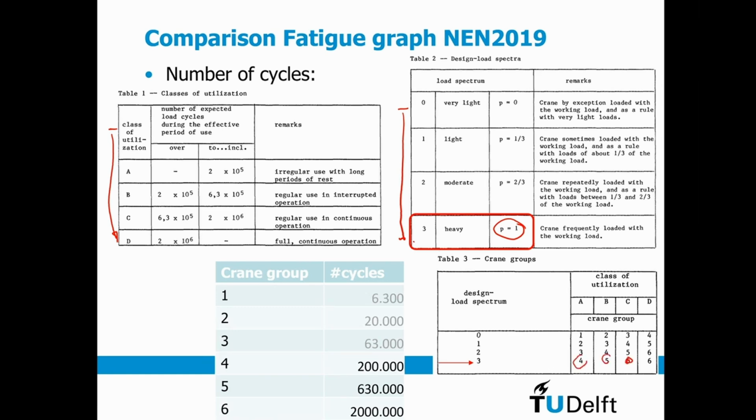So that gives me 2 million load cycles. That is this one. That is crane category 6. 5 is 630. 4 is 200, and then you can go in the cycles.